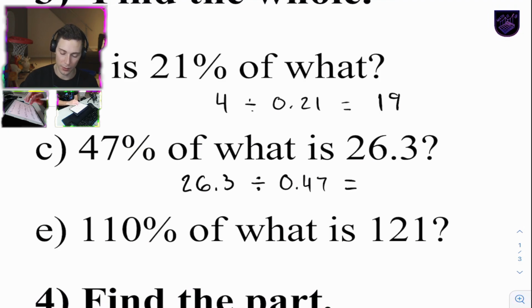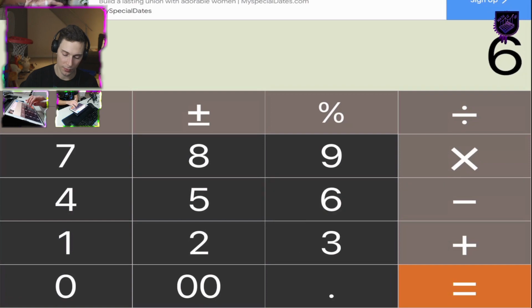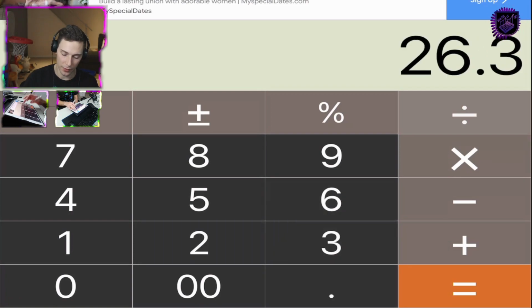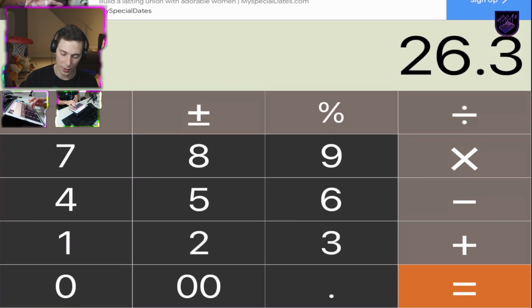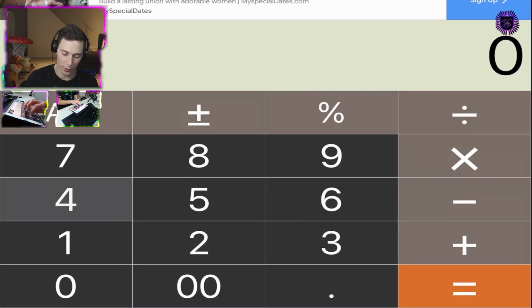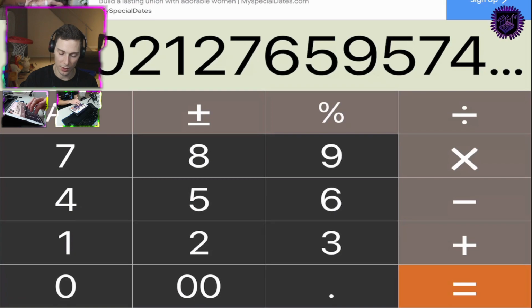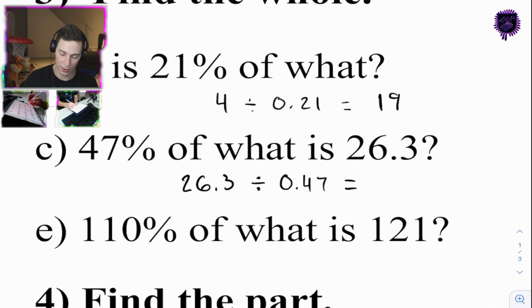What does that equal? 26.3 divided by 0.47.